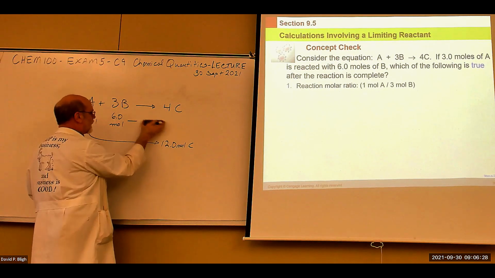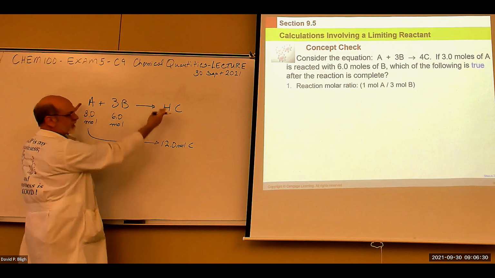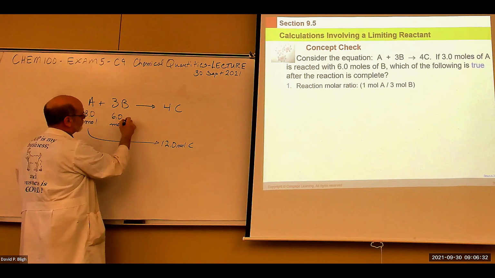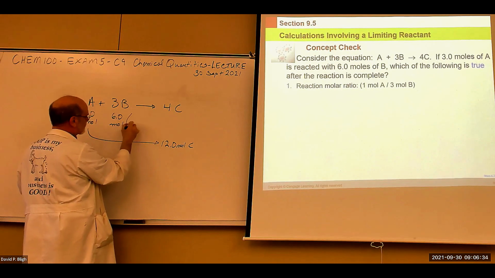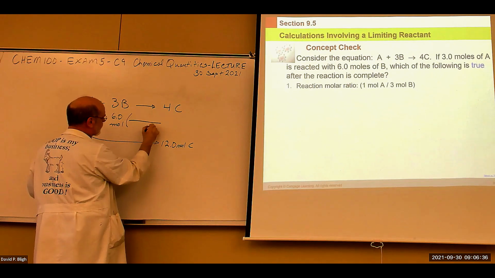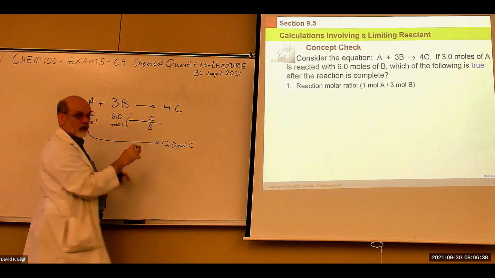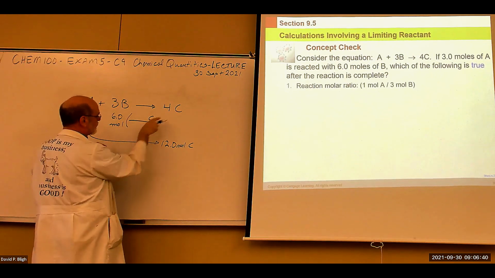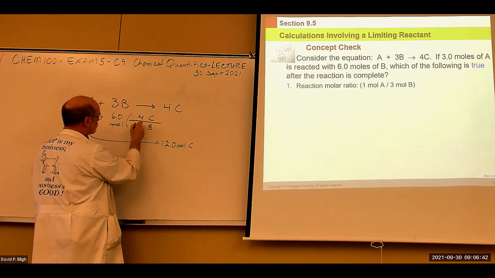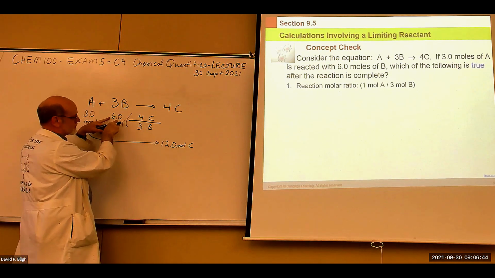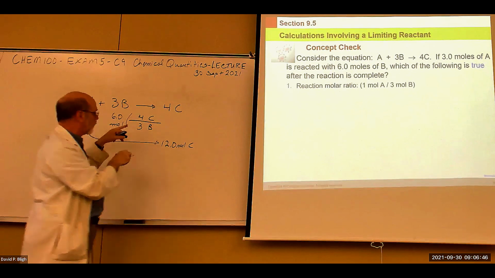So what's the conversion factor here? This one we can do in our head. This one we might want to think about. So we need B on the bottom, C on the top. Moles and moles. So C is 4, B is 3. So 3 into 6 is 2, and 2 times 4 is 8.